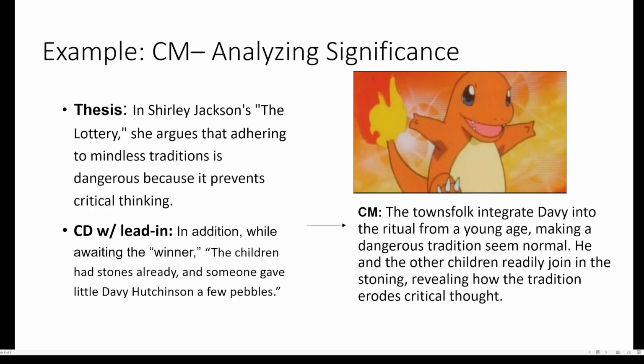That's what the passage is about, right? If we wrote plot summary, we would say there are children at the tradition. Okay, who cares? Well, what that shows you is that by making the tradition something that applies to little kids who are not fully formed in their reasoning powers, then they never have a chance to use their critical thinking or their critical reasoning to investigate.